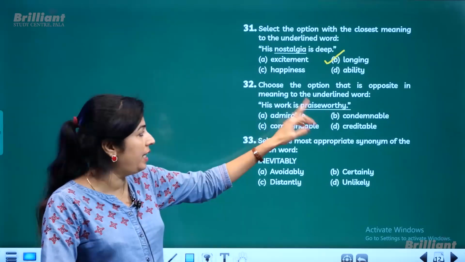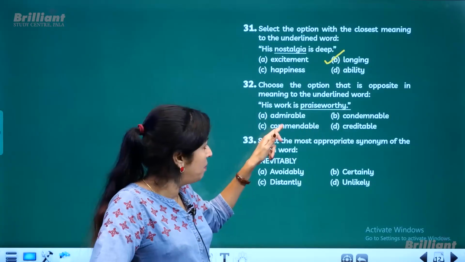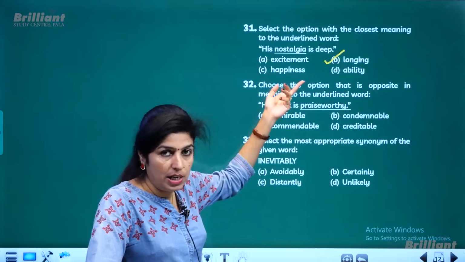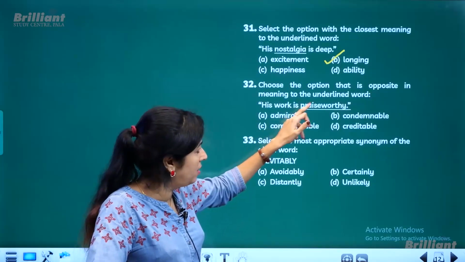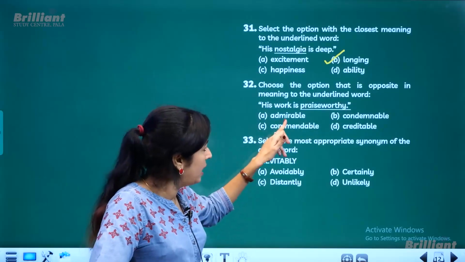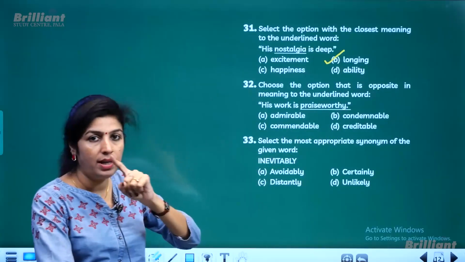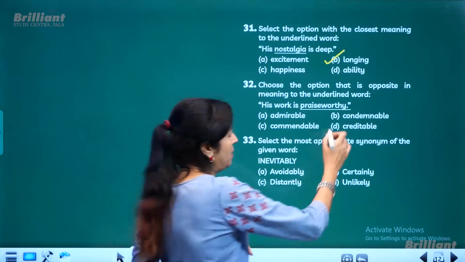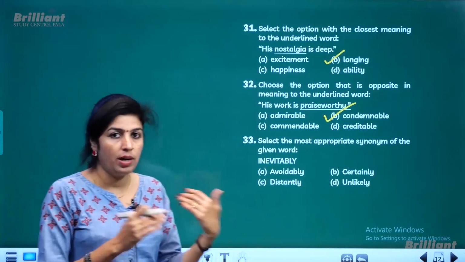Okay, but we need to find out a word which is opposite to praiseworthy. Admirable is a compliment, praiseworthy, not opposite. Commendable also is admirable, or these are all synonyms. Then creditable also is a synonym. So admirable, commendable, creditable, these are synonyms, and only one antonym or opposite is there, that is condemnable, something to be hated. Compliment, something you like, something you hate.